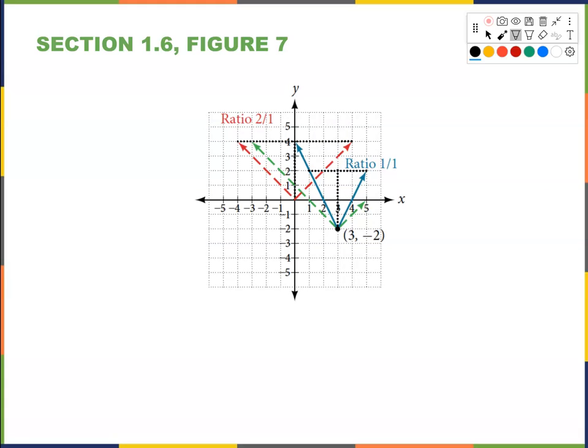So yes, it will be y equals 2 absolute value of x minus 3, minus 2. So again, 3 units to the right, 2 units down, and you have your stretch factor of 2.